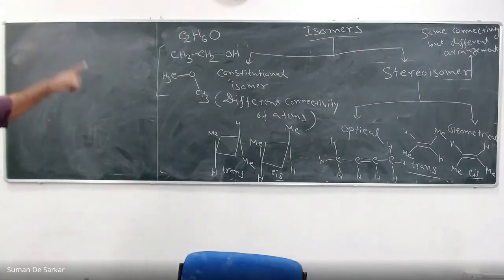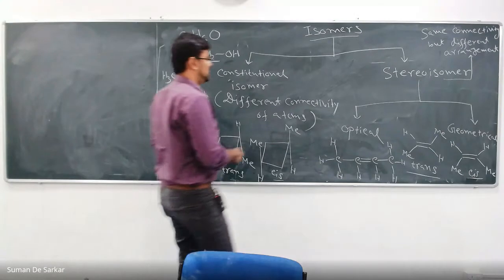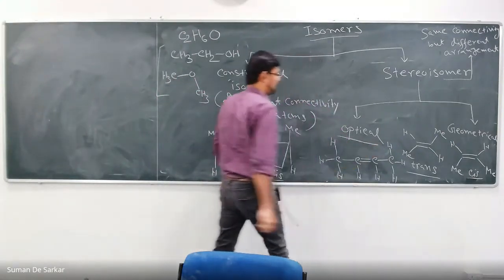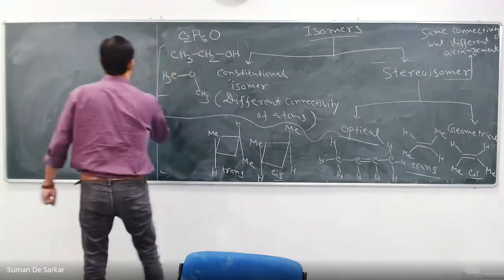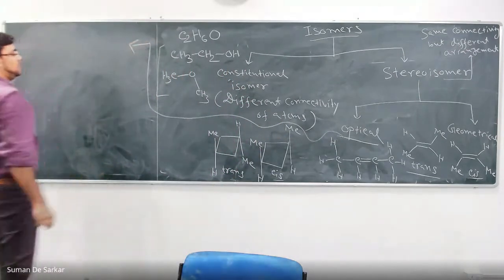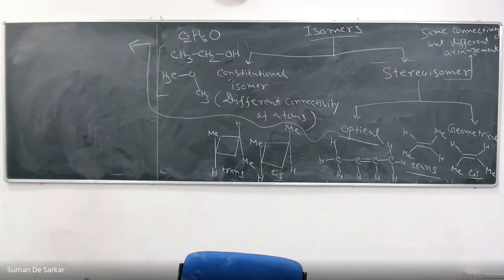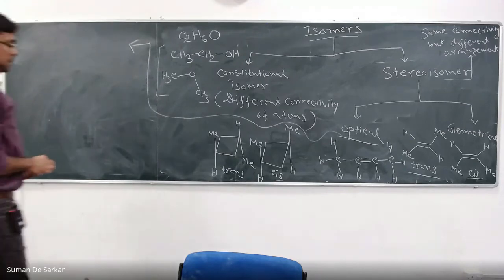Let's come to the most important part, optical isomerism, or optical stereoisomers. In optical stereoisomerism, we need more space, so let us come here. What are optical isomers, and where did the name optical come from?